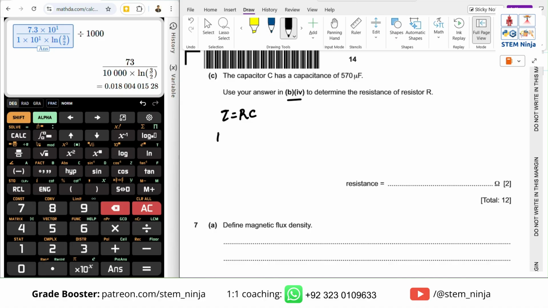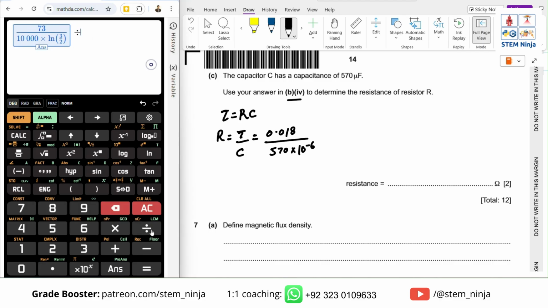So R would be tau over C. So this is 0.018 divided by the capacitance, which is 570 micro, so 570 times 10 raised to the power minus 6.